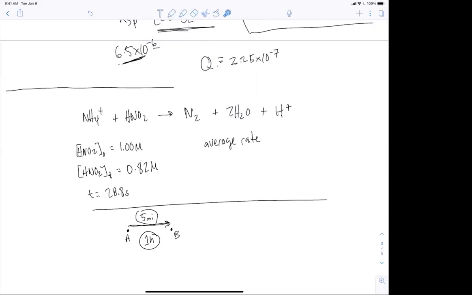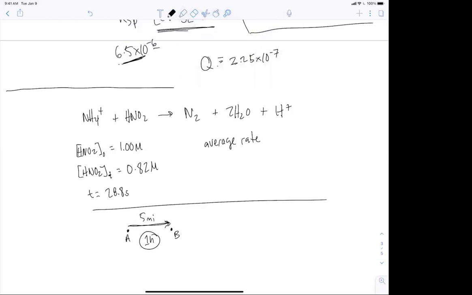Only now, instead of traveling a distance between point A and B, I think that's kind of how you have to do it. There's 5 miles between these.